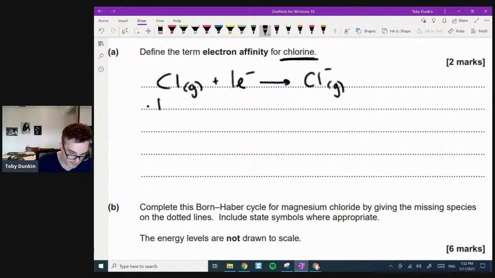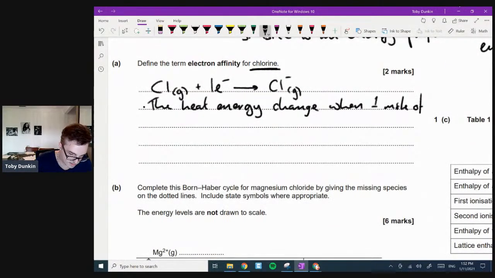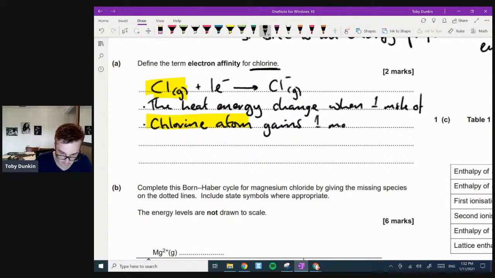I'm going to say the heat energy change when 1 mole of chlorine atoms gains 1 mole of electrons to form 1 mole of chloride ions.